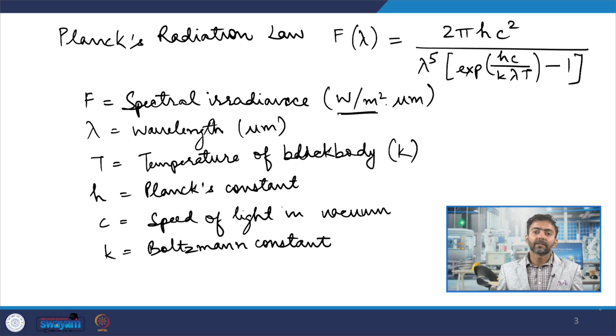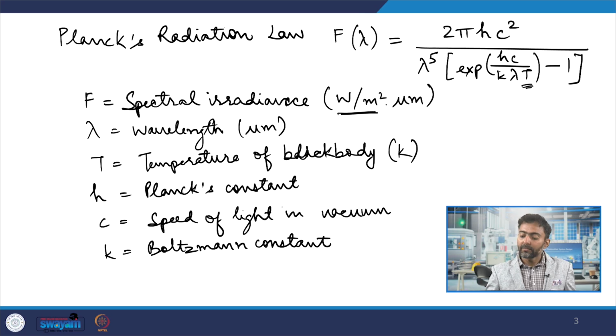So using this equation, we can find out the intensity of radiation which is being emitted by a black body at a given wavelength, where the black body is at temperature T. As you can see, in this equation the only two variables are lambda and T. T is the temperature at which the black body is presently existing, and lambda is the wavelength at which we are estimating the spectral irradiance.